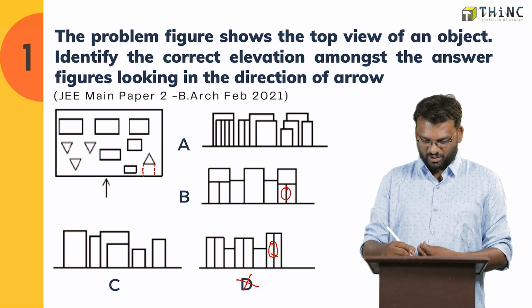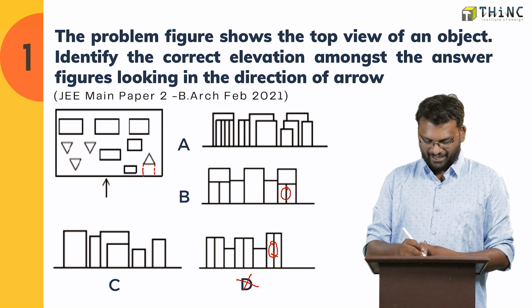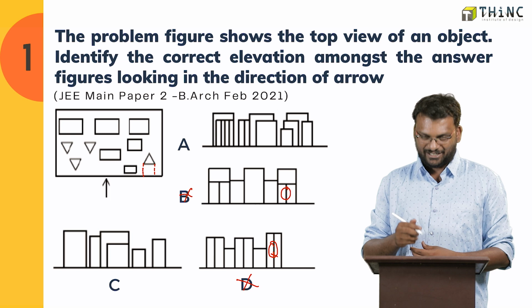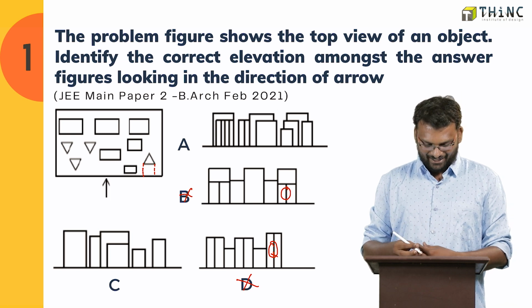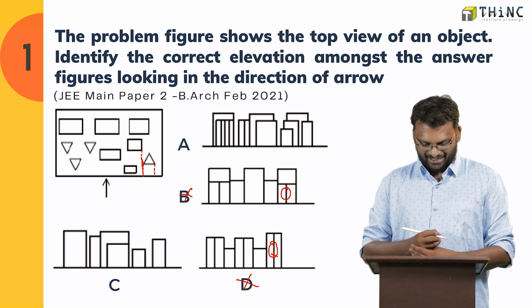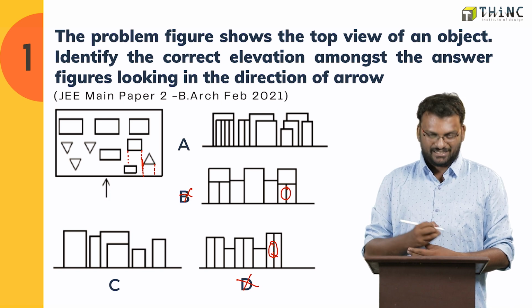Even in option B you can find a similar elevation, so option B is also eliminated. Now the discussion is between options C and D, and you can find that one building is coming like this, with a line and another edge like this, and similarly one more edge.